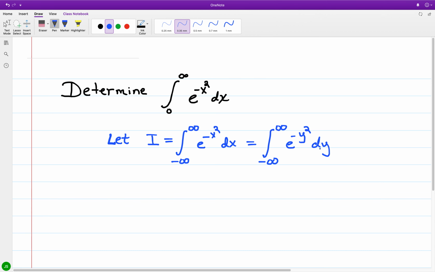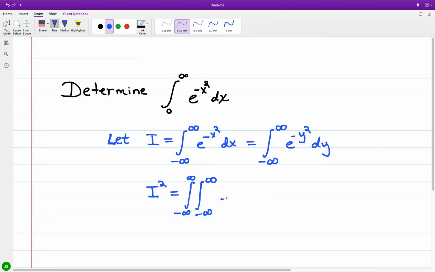And if I were to combine these by multiplying, so if I square I, I'm going to have a double integral, multiplying these integrals together, with the limits going from negative to positive infinity.